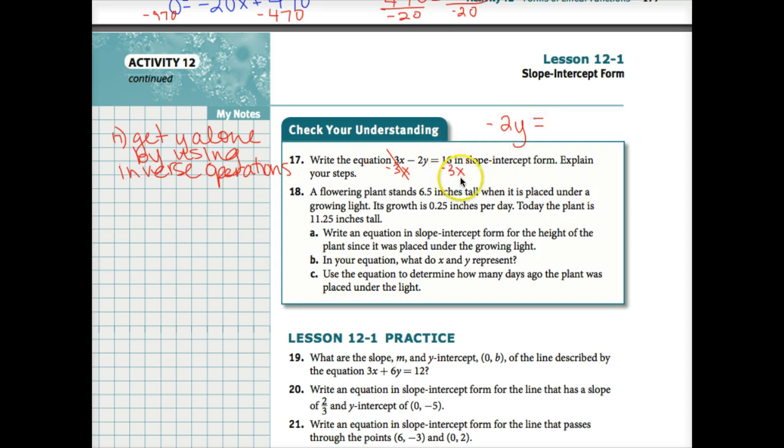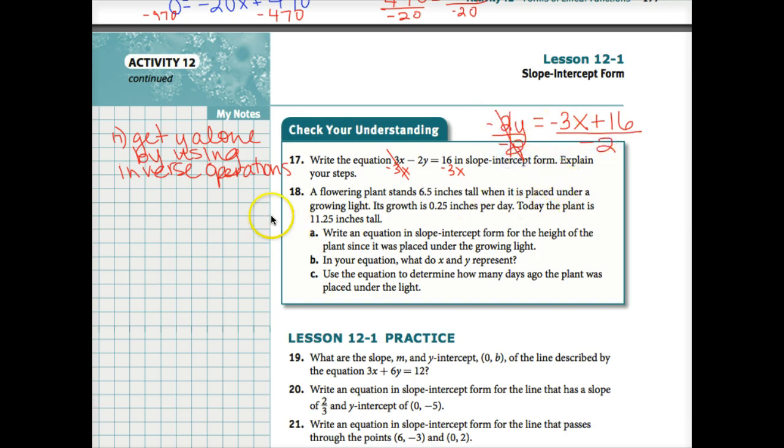On the right side, these were not the same. They're not like terms, so I just put negative 3x because, again, we're trying to get it in slope-intercept form, so I know x's come first. And then the 16 was positive, so I put plus 16 because if it had no sign, that means it was a plus. Now, y is still not alone. I next need to divide by negative 2, which will cancel these out.